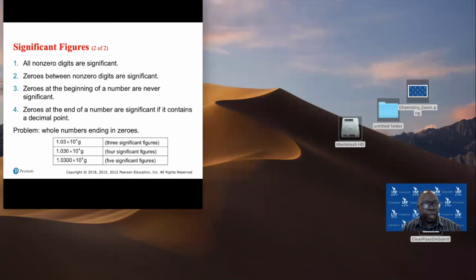Do not let the exponent confuse you. You see an exponent for all of them, but if you count these, 1, 2, 3, three significant figures; 1, 2, 3, 4, four significant figures; 1, 2, 3, 4, 5, five significant figures. All right. So that's how you take care of those numbers at the end.